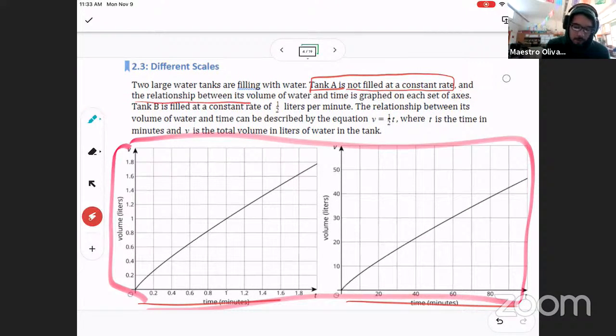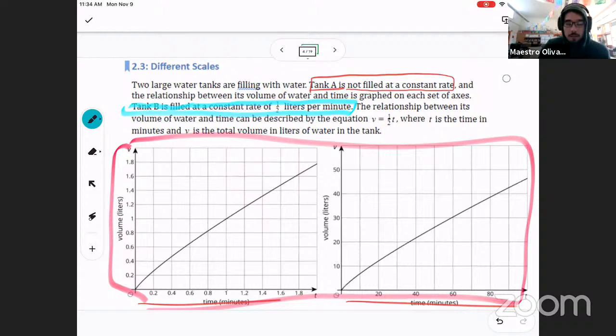And the relationship between its volume of water, how much water it has, is graphed on each axis. Tank B is filled at a constant rate of half a liter per minute. So every minute, tank B is filled half a liter per minute.